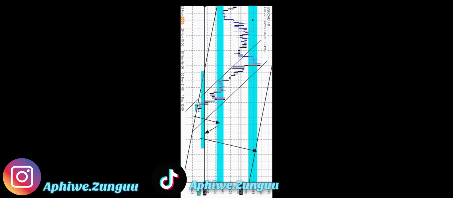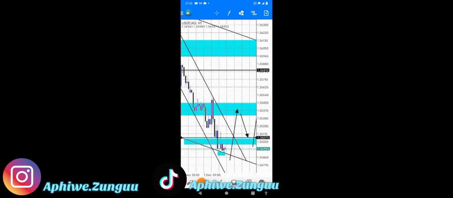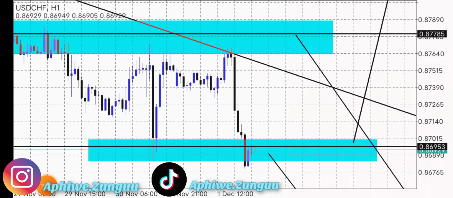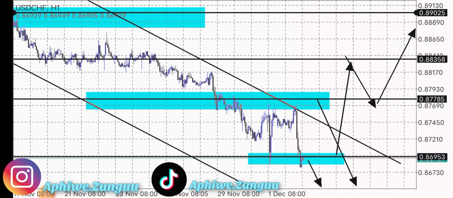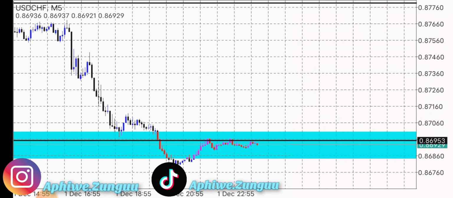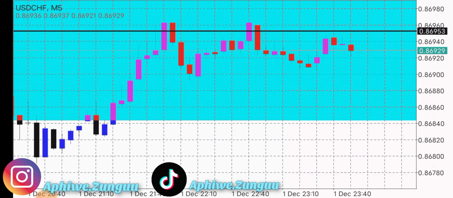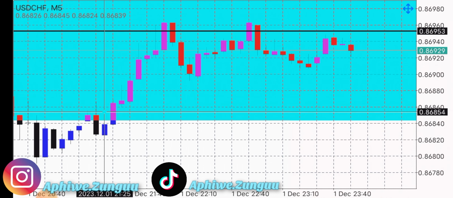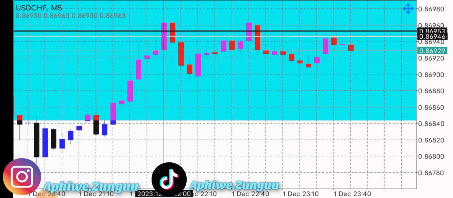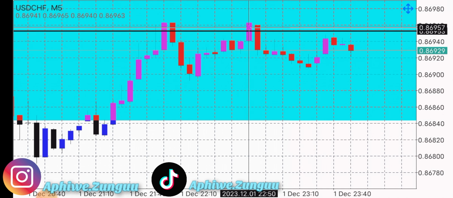And for USDCHF, let's look at it. USDCHF, we're currently waiting for a confirmation to go towards the downside. I mean, it has confirmed that we are going towards the downside. As you can see in the 5 minutes, we have some sort of a triple top formation, right? The market created a high and then failed to create a higher high.